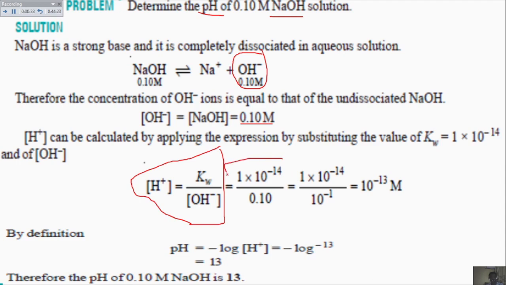This is a standard value. Over here you have OH minus as 0.1. By the time you do that, you have your hydrogen ion concentration in the solution. Then you start: pH equals minus log hydrogen plus. When you do that, your pH becomes 13.